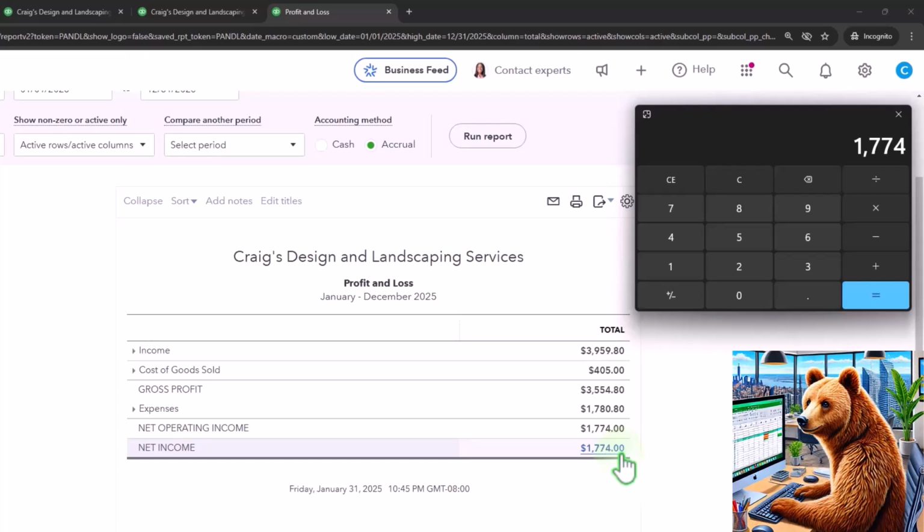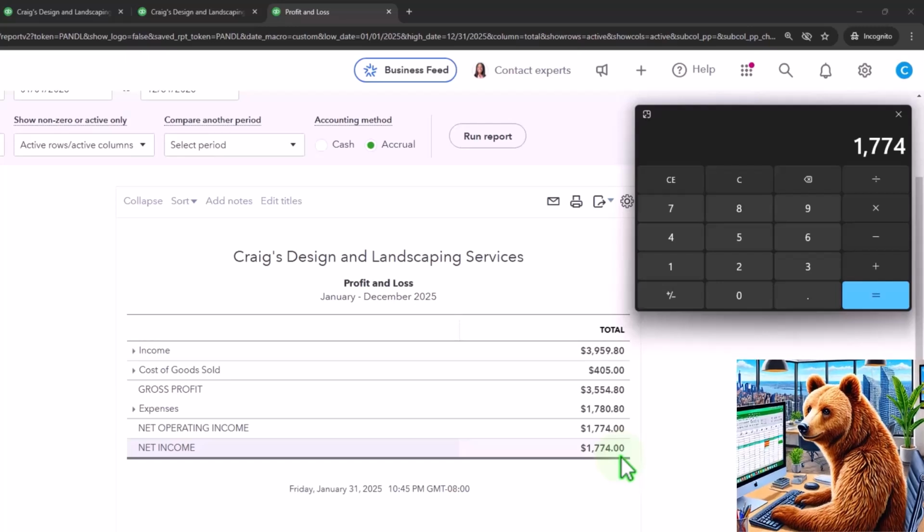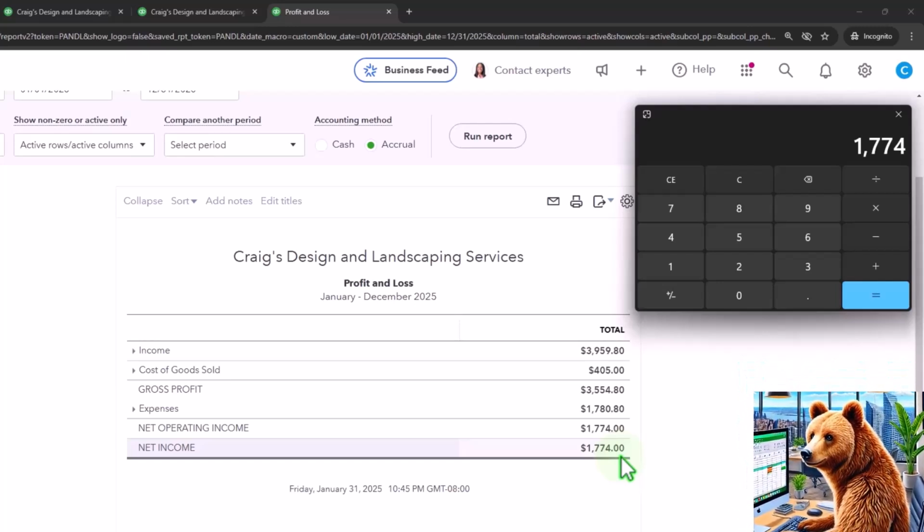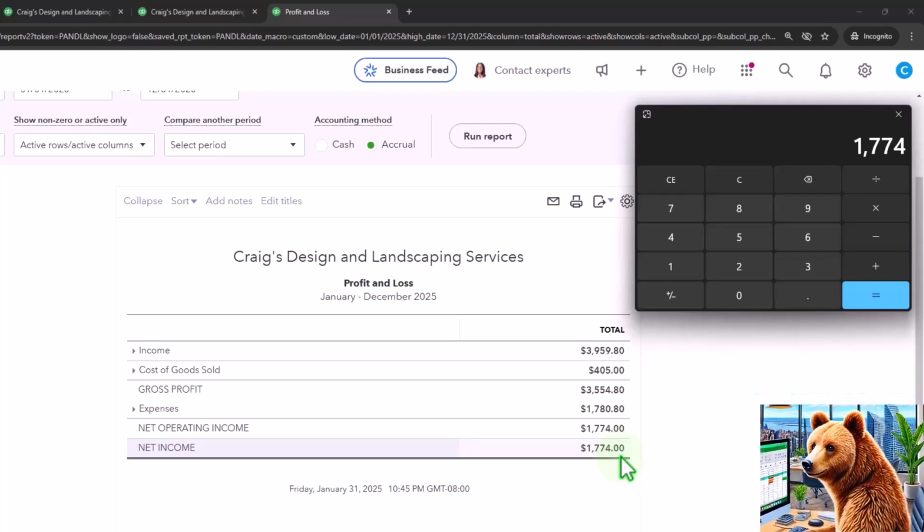If I had, like, the month of January, a $100,000 expense for this building that I bought, and then in February, I'm not going to include the building expense, it's going to look like I had a horrible month in January compared to February, because I'm going to have this huge loss in January and not in February. But I used the building in February, even though I bought it in January. It's just that I paid for it in January.